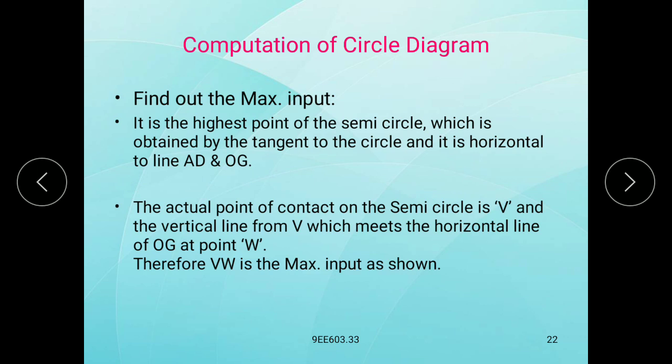The actual point of contact on the semicircle is V and the vertical line from it meets the horizontal line OG at point W. Therefore, VW is the maximum input shown.